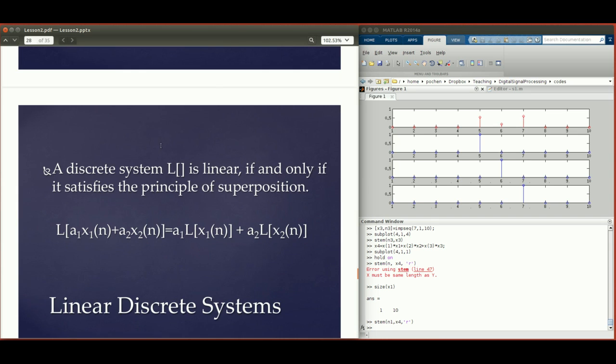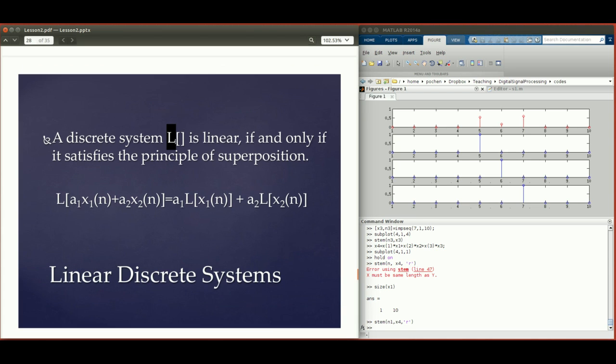So a discrete system L is linear if and only if it satisfies the principle of superposition. So what exactly is a linear system, right? Here you know why it's L. L represents linear. A linear system just means that if the input is a superposition of two signals, for example, x1 and x2, with some weights a1 and a2, and a1 and a2 could be complex numbers, but it's still a scalar.